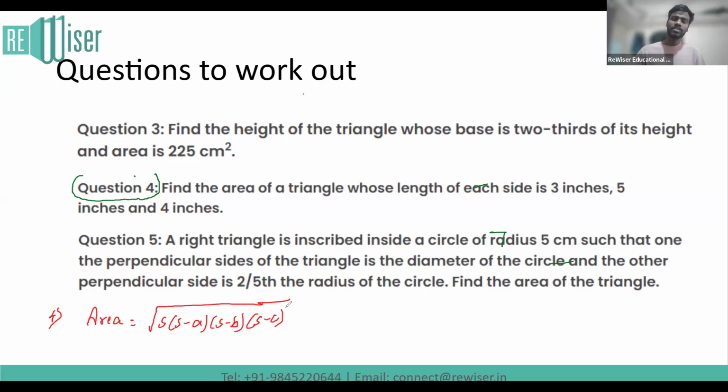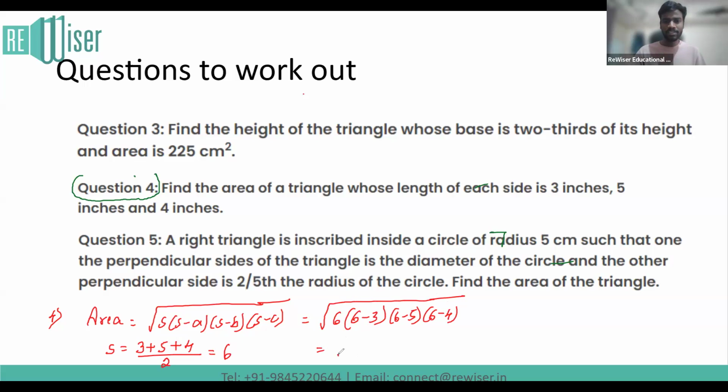We know S is the semi-perimeter, which is the sum of all the sides divided by 2. So that's 3 plus 5 plus 4 over 2, which is nothing but 6. In that case, area is going to be the square root of 6 times 6 minus 3 times 6 minus 5 times 6 minus 4.